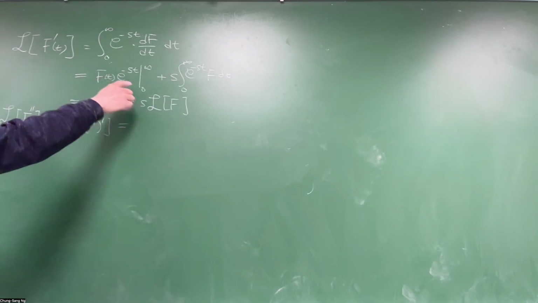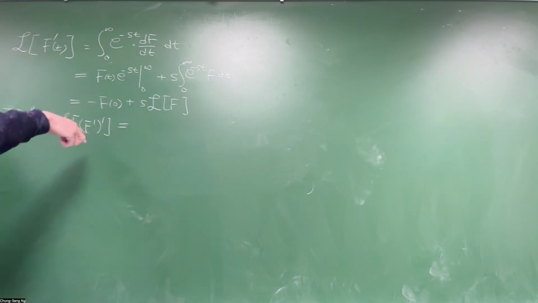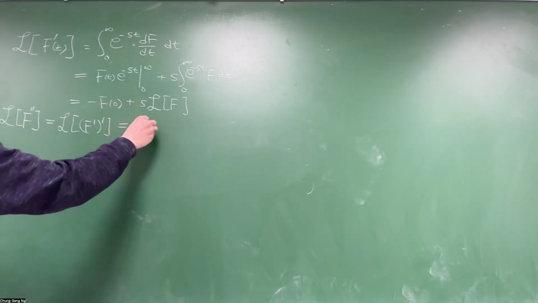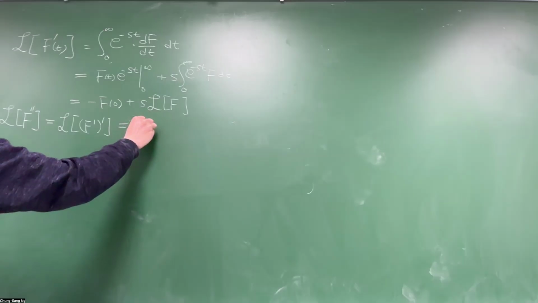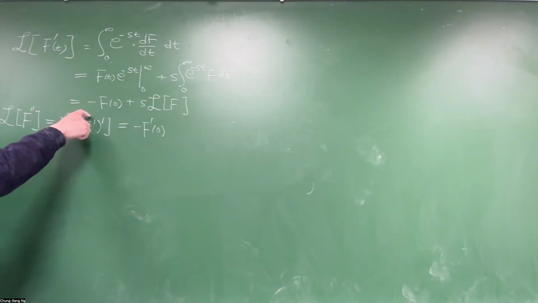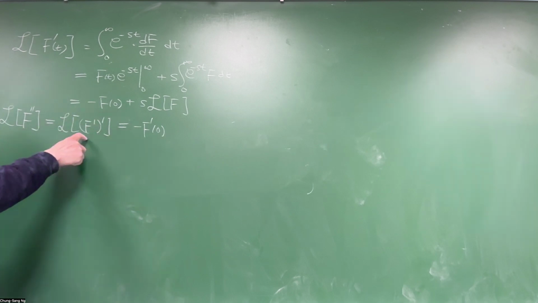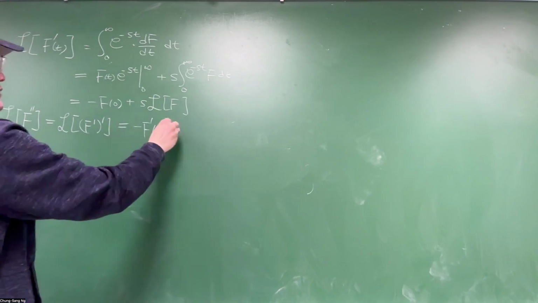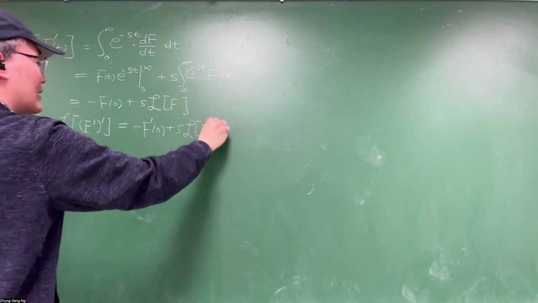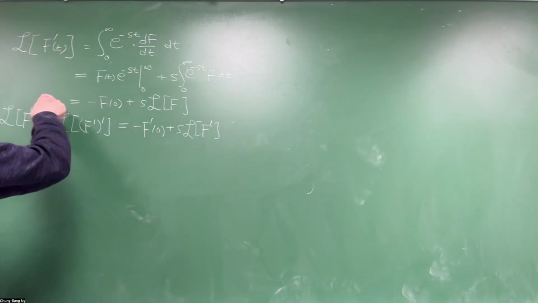So you just apply the formula repeatedly. You just copy, and the first term is f prime at 0. You just change f to f prime because now f prime is your function that you want to do Laplace transform of. And then the second one is s times the Laplace transform of f prime, which is exactly this one.